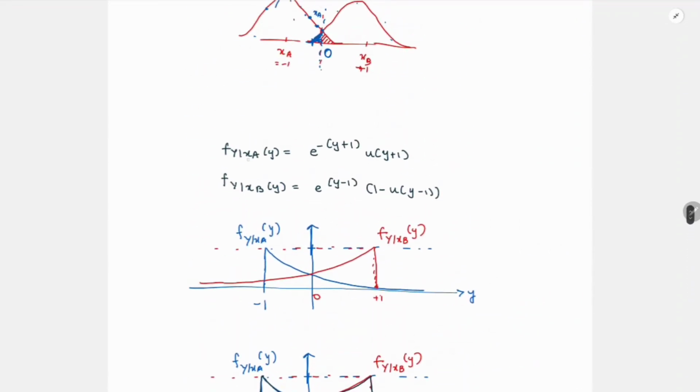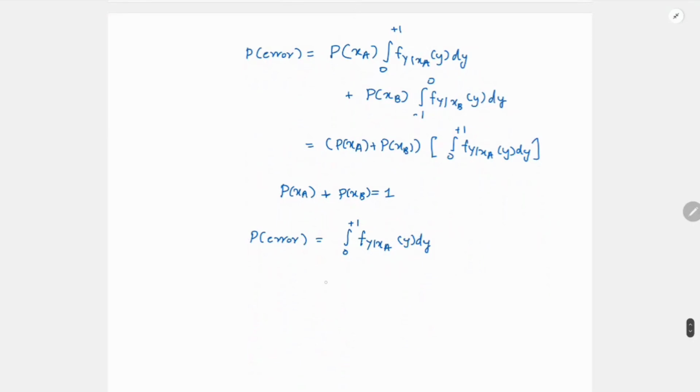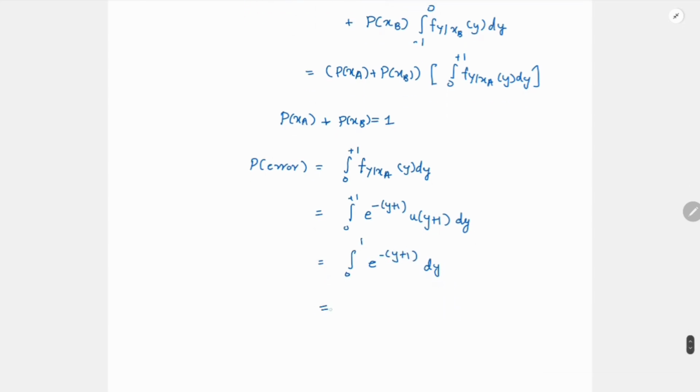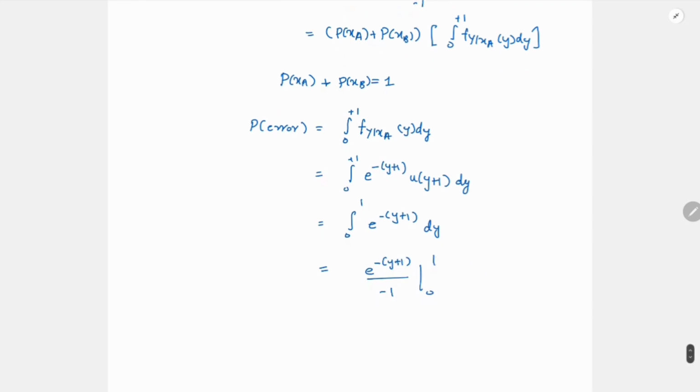So now what is f of y given xa? It is e power minus of y plus 1 times u of y plus 1. So 0 to +1 of e power minus of y plus 1 times u of y plus 1. Again u of y plus 1 is going to be 1 in this entire region. So it is the integral from 0 to 1 of e power minus of y plus 1 dy, which is equal to e power minus of y plus 1 divided by -1 from 0 to 1.